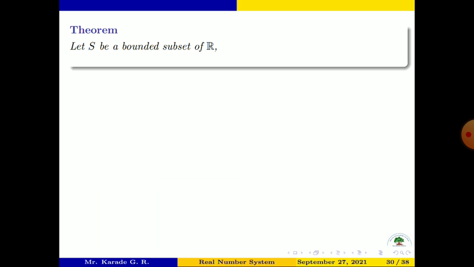Now let us see one theorem on the bounded sets.